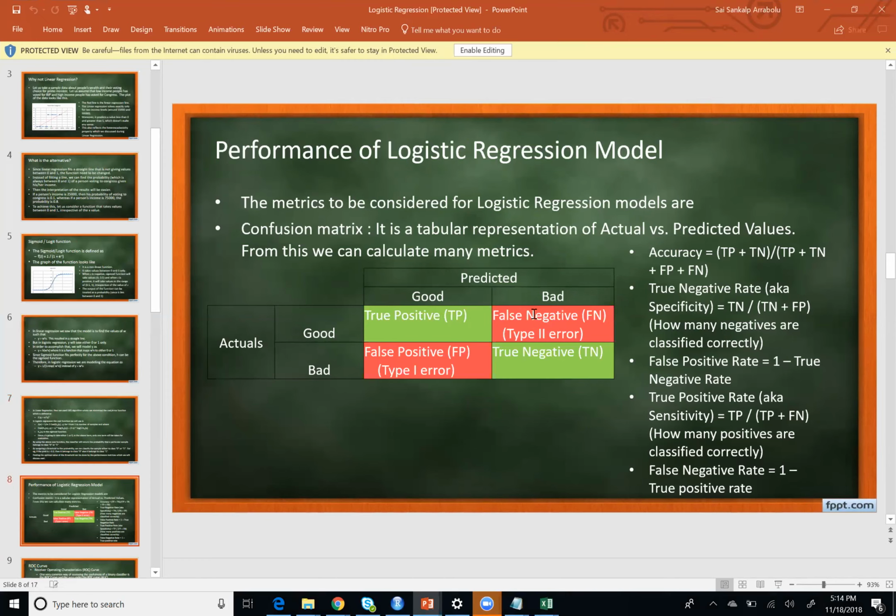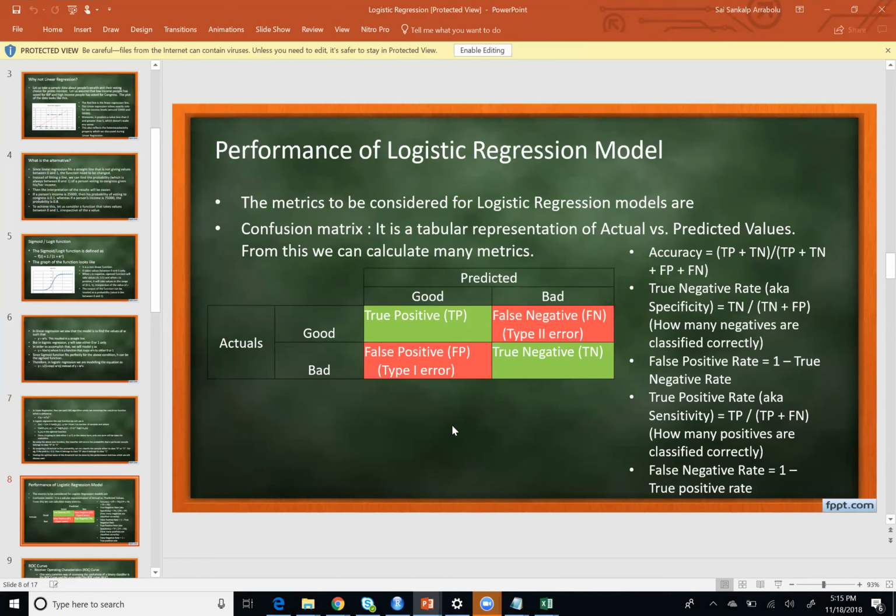True negative means you took a bad sample and predicted it as bad. True positive means you predicted it as positive, and it actually is positive. False negative means you predicted negative, but the output is wrong, so you predicted a good sample as a bad sample.